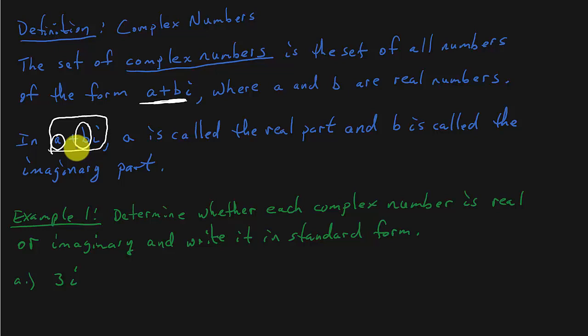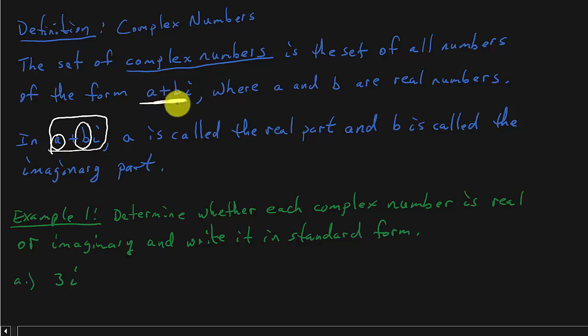Okay, but now let me say this before we start on this first example. There are variations of the way that we write these things, and it's kind of for convenience. In some of these, a could be 0, b could be 0.